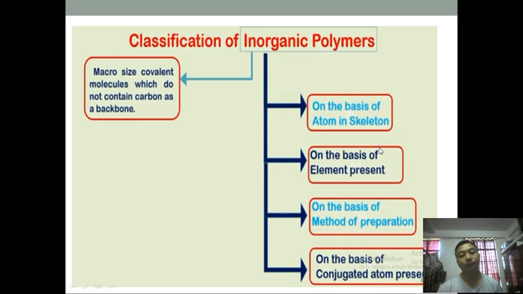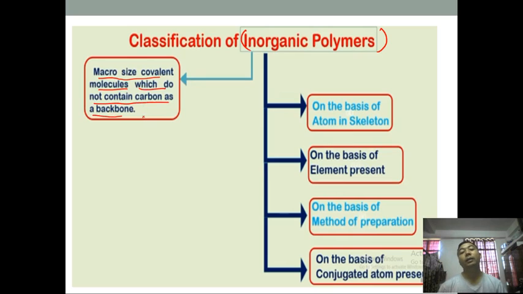Okay. So as I've told, in inorganic polymers you don't see any carbon atoms. Their atoms are linked by covalent bonds, right? So the macro-sized covalent molecules which do not contain any carbon as backbone are inorganic polymers.